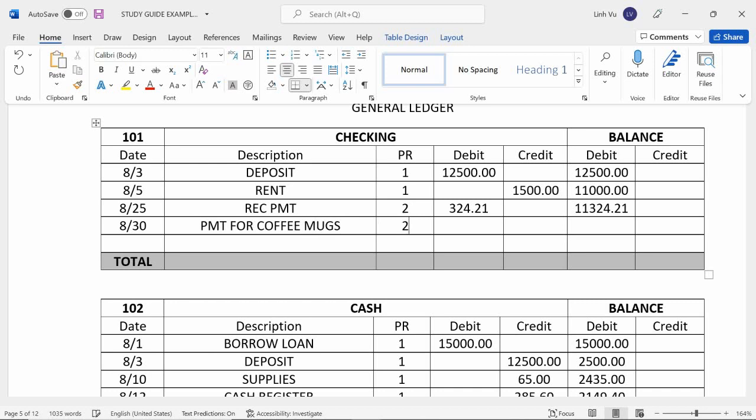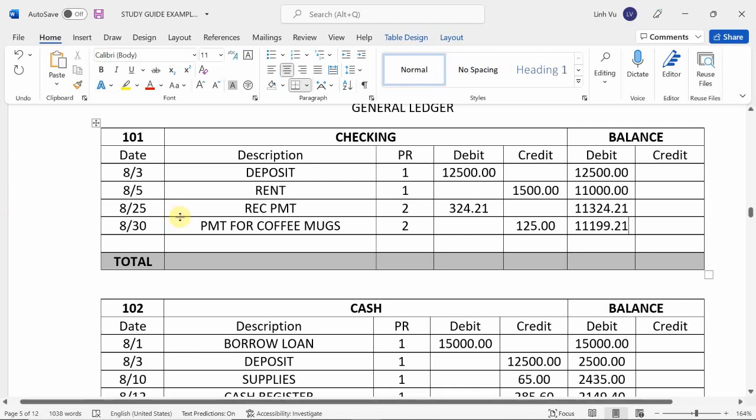Payment for coffee mugs for $125. So therefore, that's going to decrease your checking account. Right now it's at 11,324.21, and I am making a payment for $125. So that will decrease my account to 11,199.21.